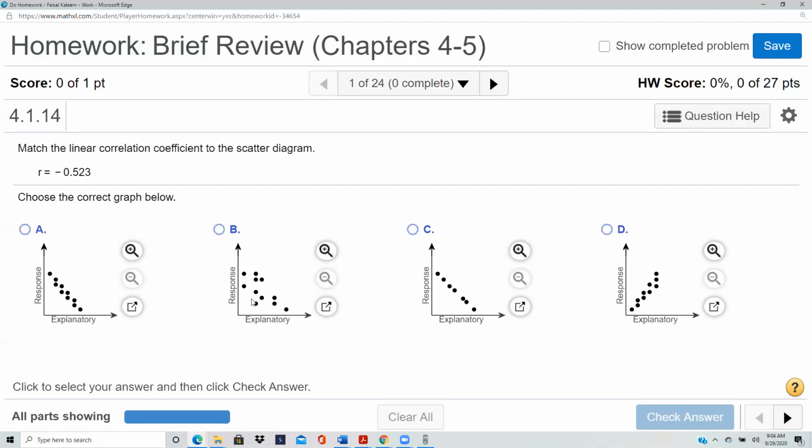They could be decreasing, and the reason I had second thoughts was that this looks too strong to be -0.5. This looks closer to -1. So the only option that could be -0.5 should be this B, because this looks more like -0.9 or -0.8. This is pretty strong.